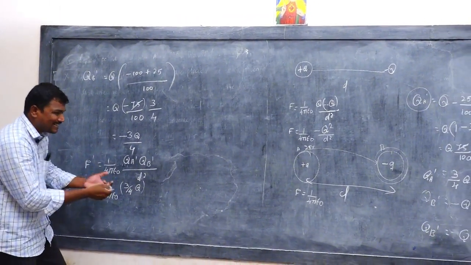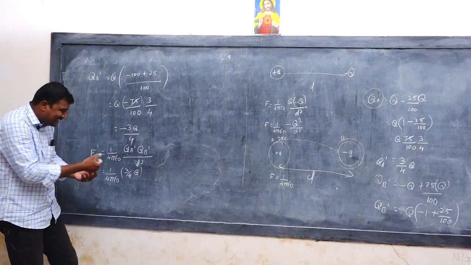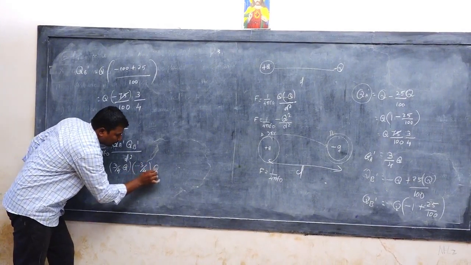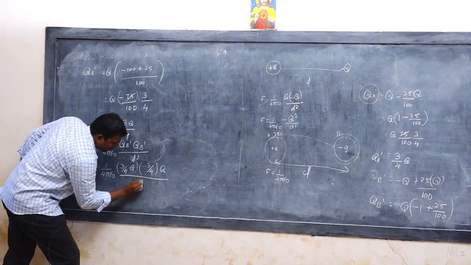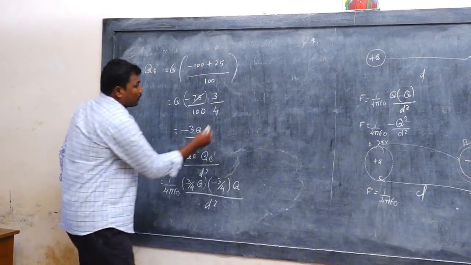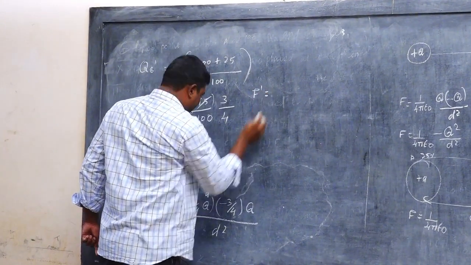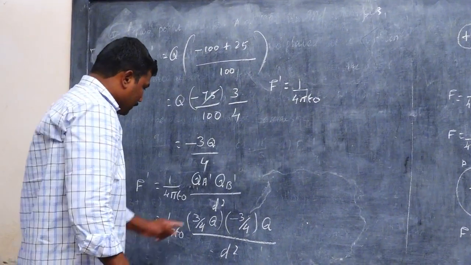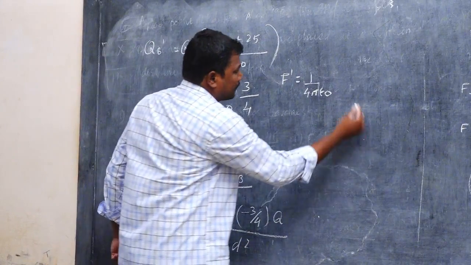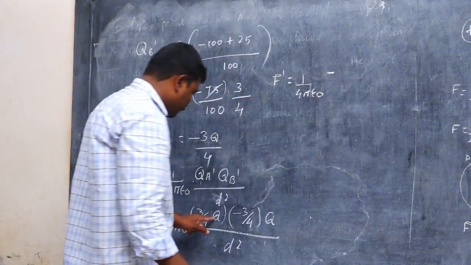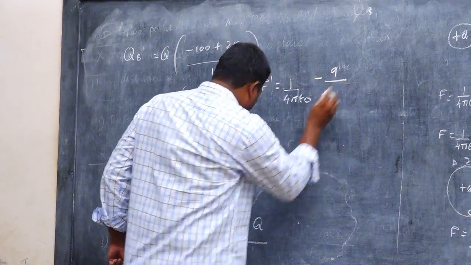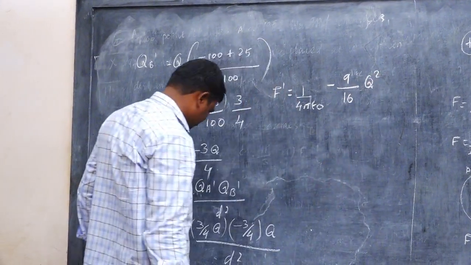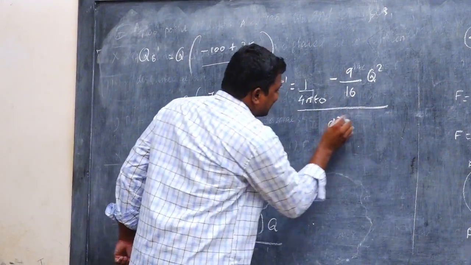Next, QB dash, where 25% of the charge is received, is minus 3 by 4 Q, divided by d square. F dash equals 1 by 4 pi epsilon naught, 3 into 3, 9, minus 9 by 16 q square divided by d square.